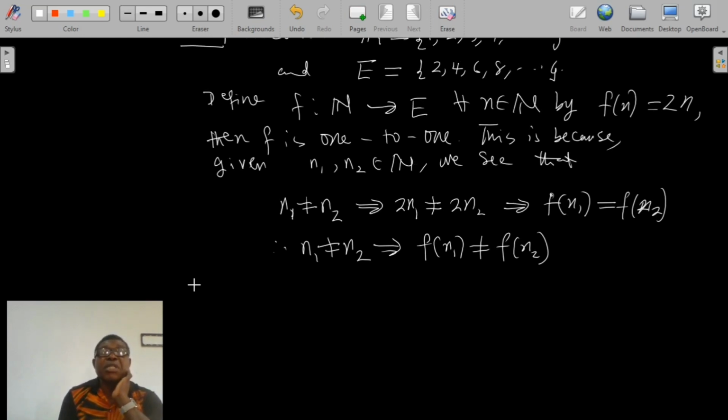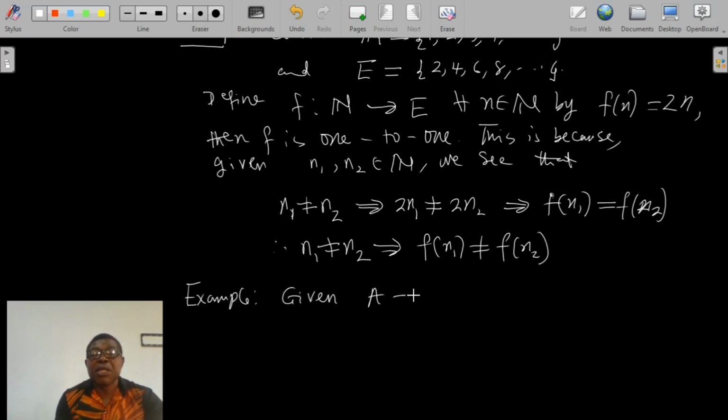Another example is the following. Example. Assume that we are given A to be equal to the interval (0, 1), and B to be equal to the set R of real numbers.